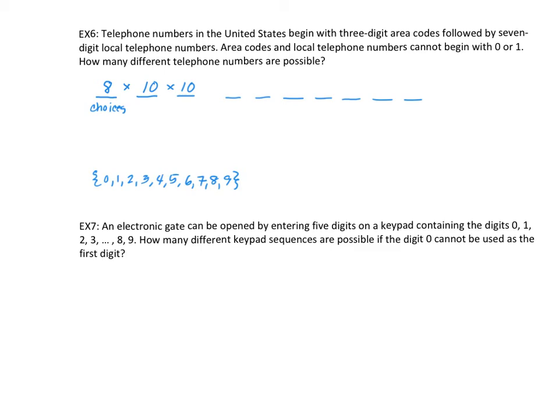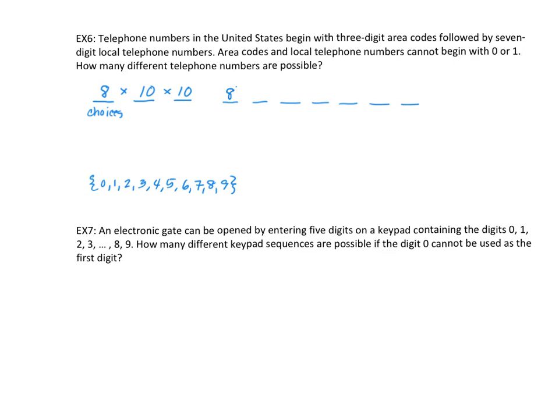Now in the telephone number, it can't begin with 0 or 1, so that first number has to be 8 choices. But then I could choose any number for the remaining. So we're just going to multiply all of these together. Now the easiest way for me to do this without using a calculator is take the numbers that are not 10 and multiply those together.